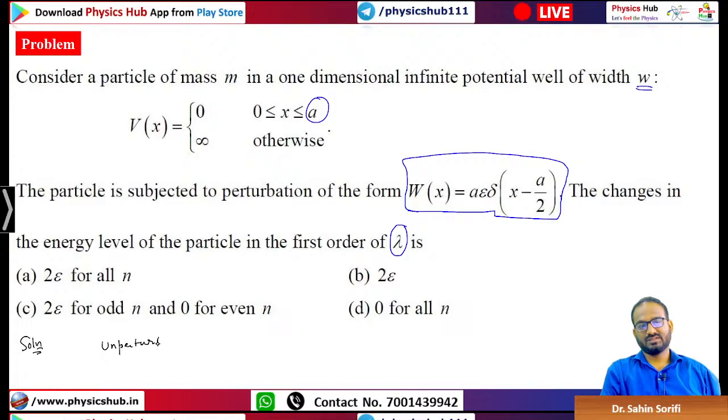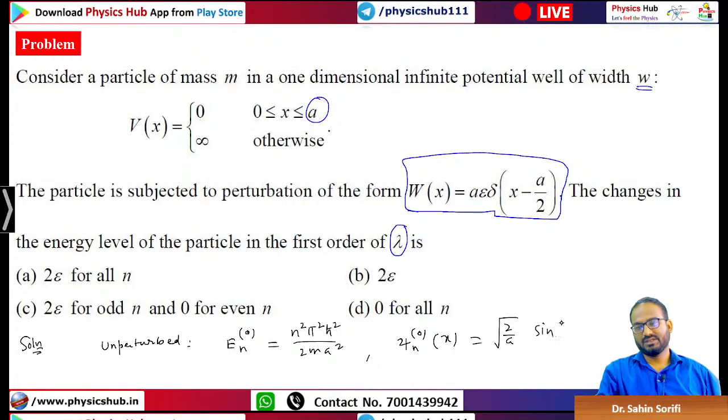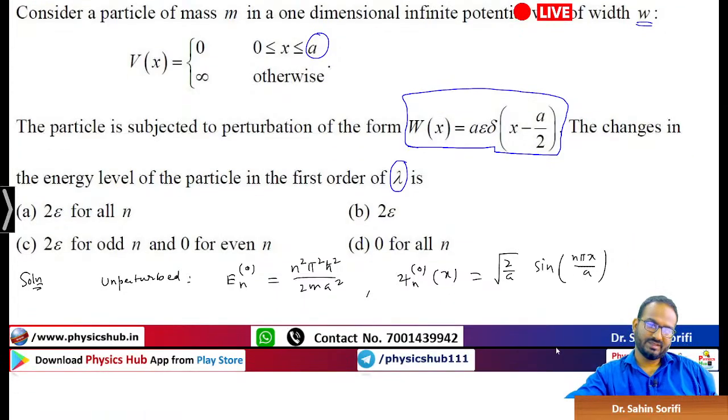Unperturbed means the basic system, an unperturbed particle in a box of width a. So what is the unperturbed energy? n square pi square h cut square by twice m a square. What about the unperturbed wave function? Square root of 2 by a sine n pi x by a, right?